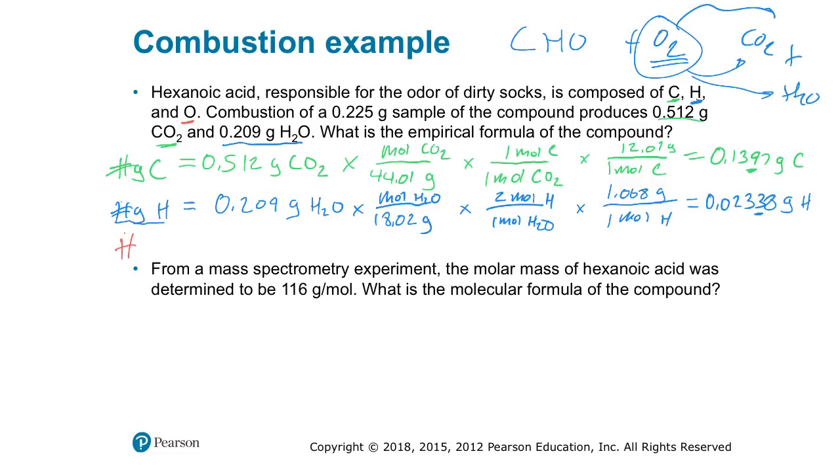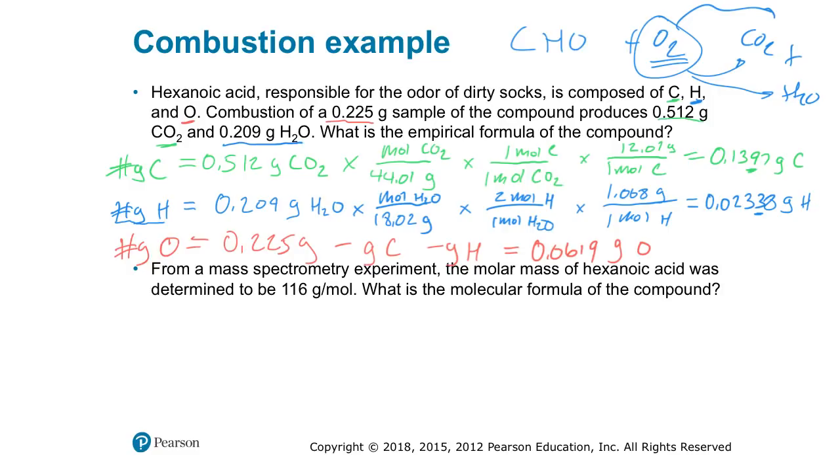So for the oxygen grams, we take the total sample mass, 0.225 grams, and then subtract the mass of carbon and the mass of hydrogen. I can plug these values in and obtain the mass of oxygen. That ends up working out to be 0.0619 grams of oxygen.